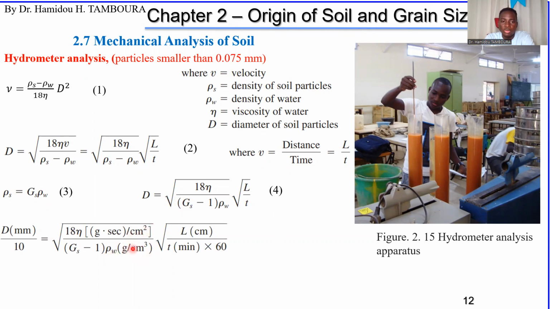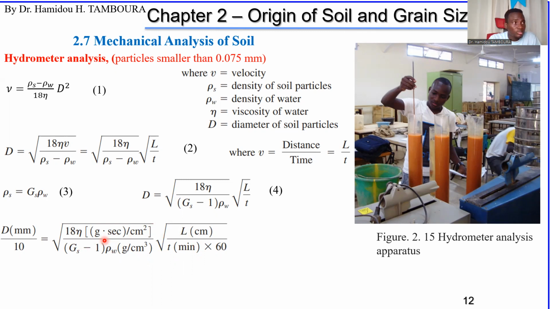And the density of water is in gram per cubic centimeter. L, the distance, is in centimeter, and time is in minute but we want it in second, because here we have second. We have to convert the time to second. And if we calculate the diameter using this, we will have our diameter in centimeter.